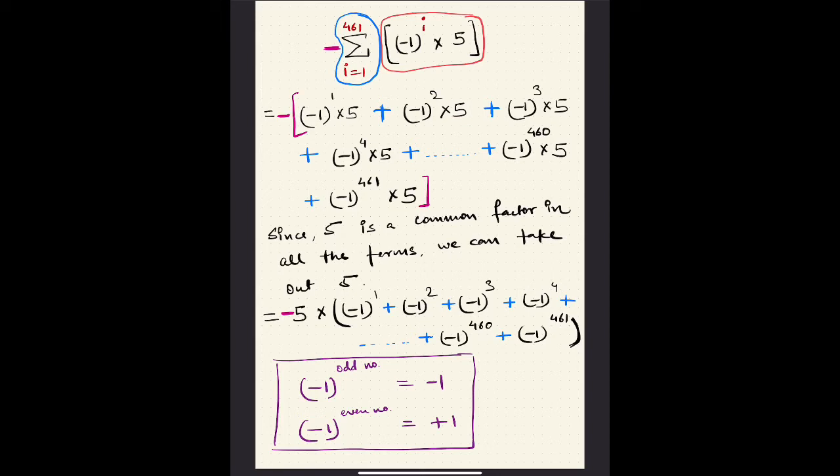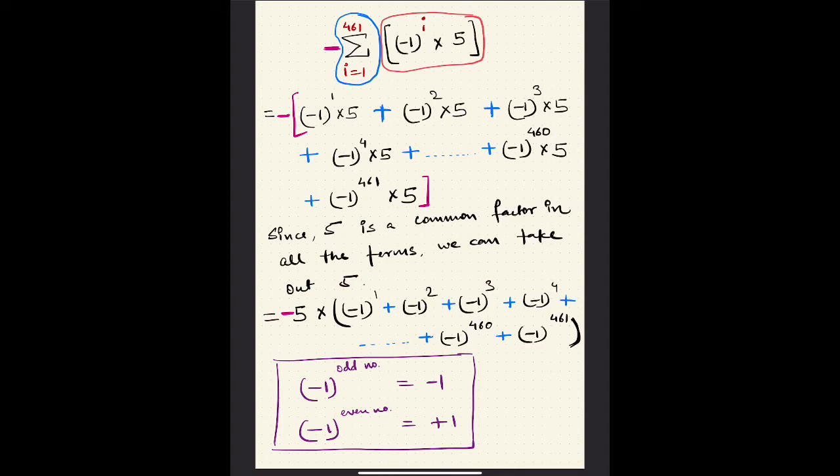When we take out this 5, all these 5s, because 5 is the common factor, inside we would be left with negative 1 to the power 1 plus negative 1 to the power 2 plus negative 1 to the power 3 plus negative 1 to the power 4, and so on, up to negative 1 to the power 460 plus negative 1 to the power 461. So now this is the final expression that we have to solve.